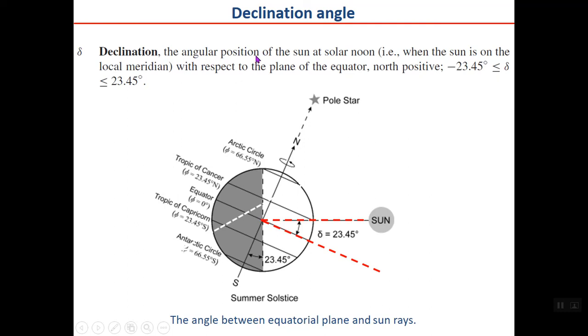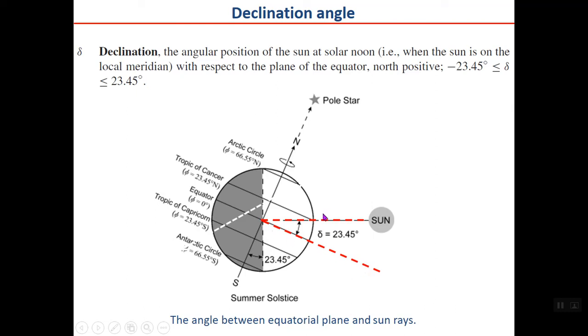It's the angular position of the sun at solar noon with respect to the plane of the equator. If you want a simple explanation, you can say it is the angle between the line which connects the center of the sun to the center of the earth, the figure is not to scale, and the equatorial plane.